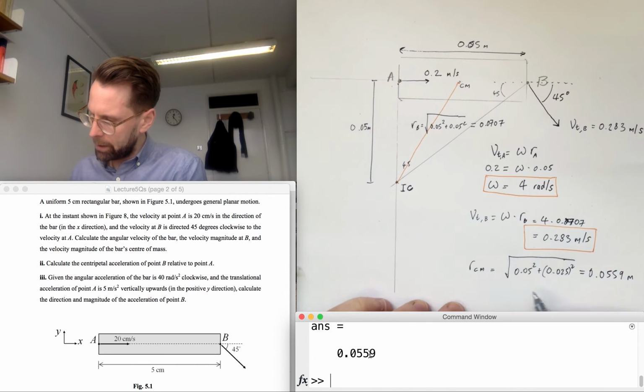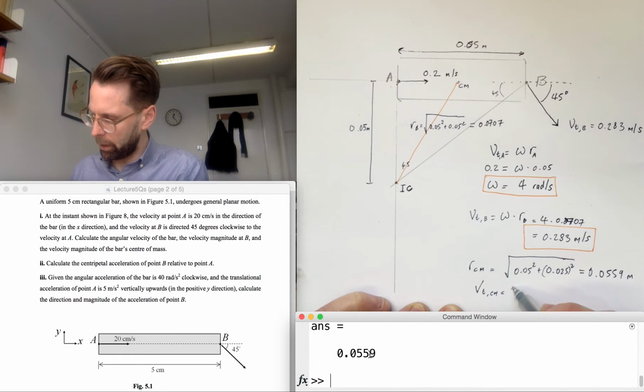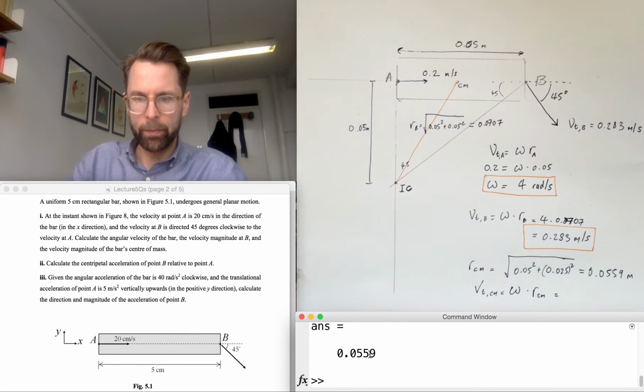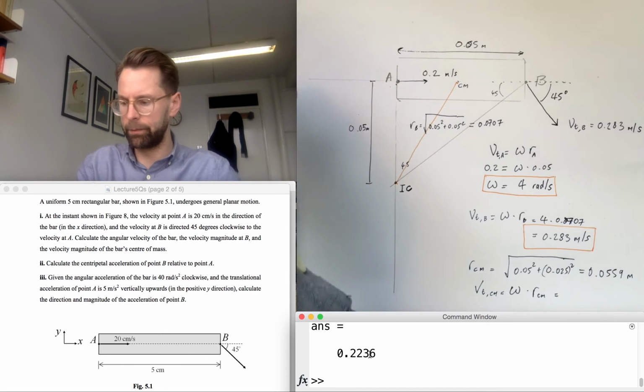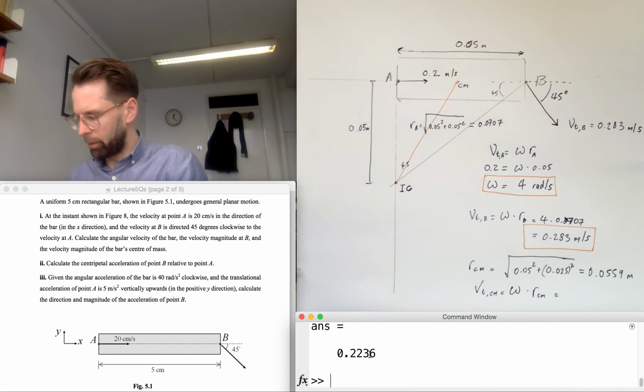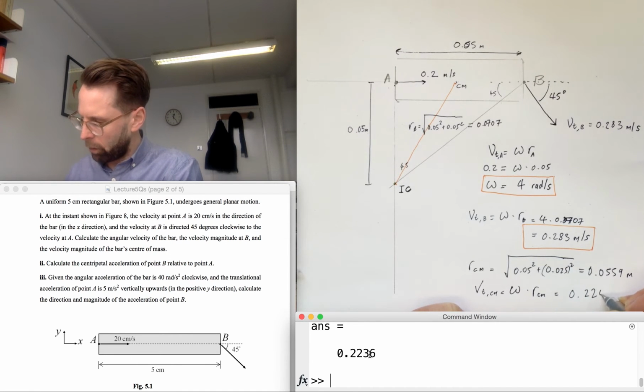So once we put that into our standard expression, omega times RCM, it's that times 4, because that's the angular velocity. So that's the final part of this part 1. That's 0.224 meters per second.